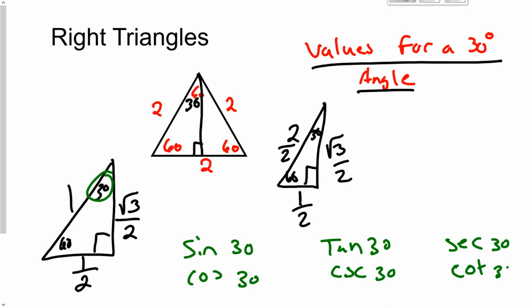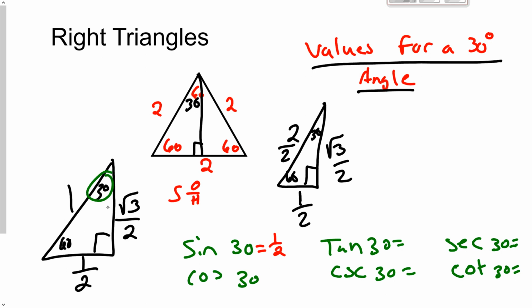So sine is opposite over hypotenuse, right? So opposite of 30 would be 1/2 over 1. So that would be 1/2. So sine of 30 is equal to 1/2.